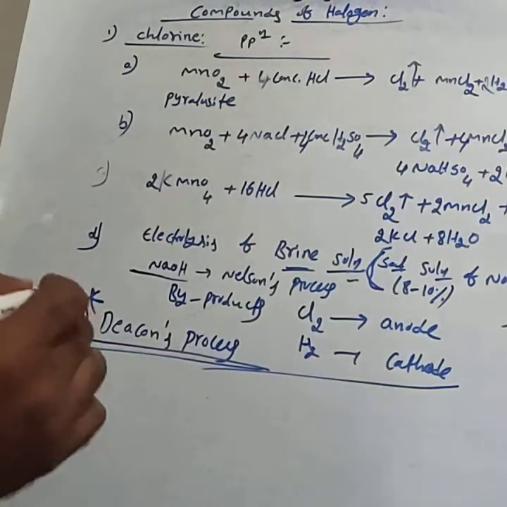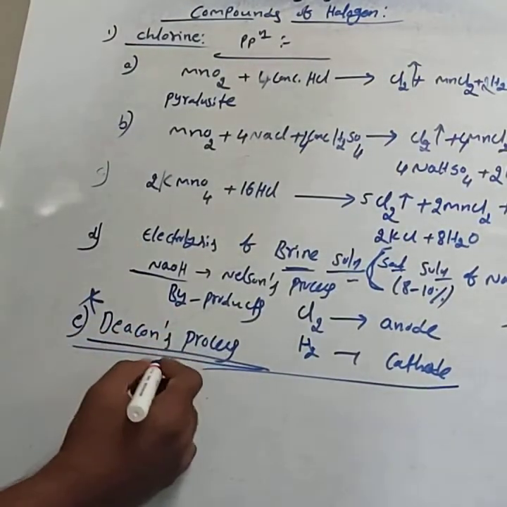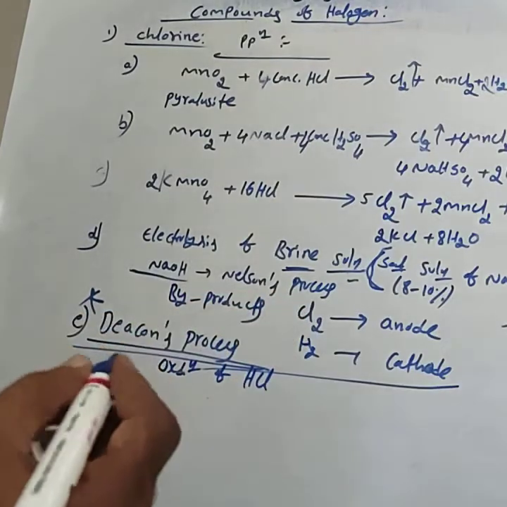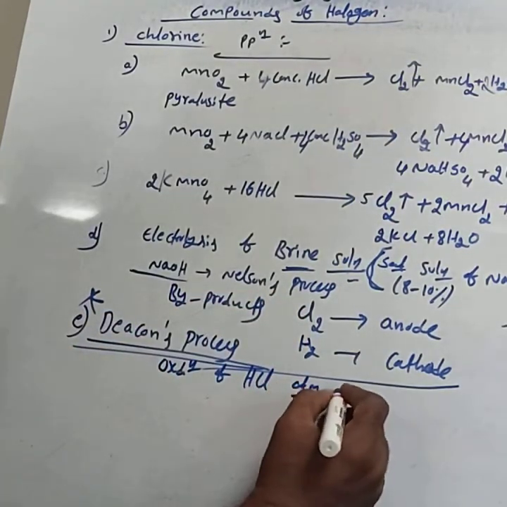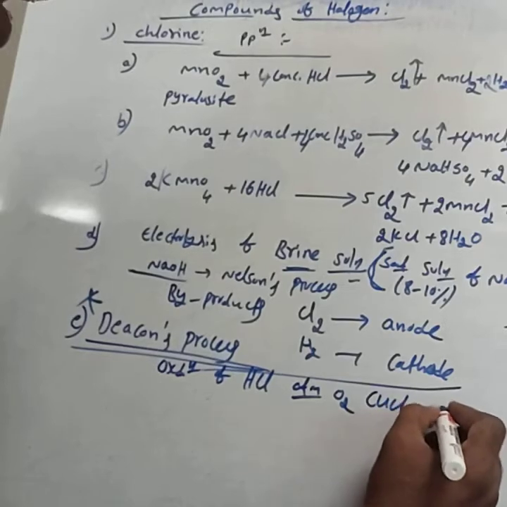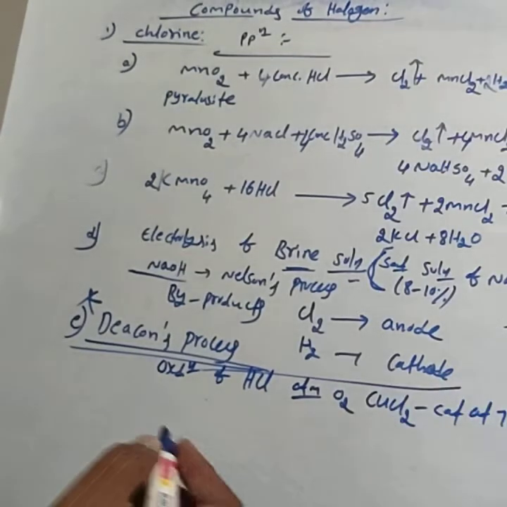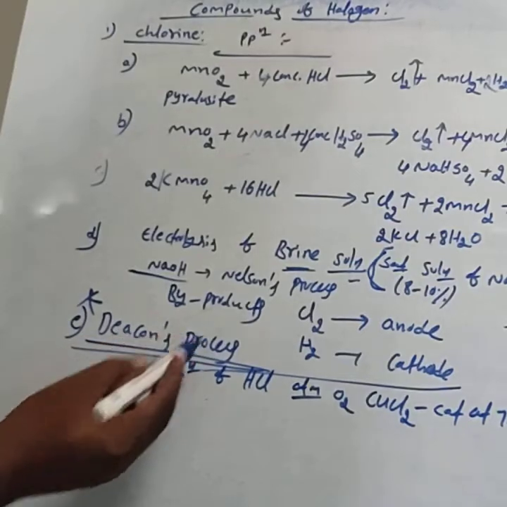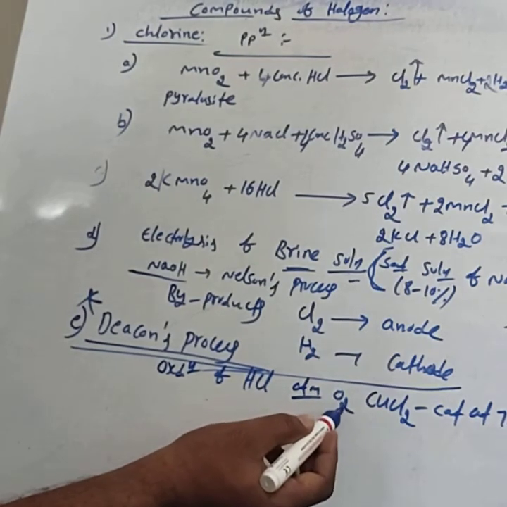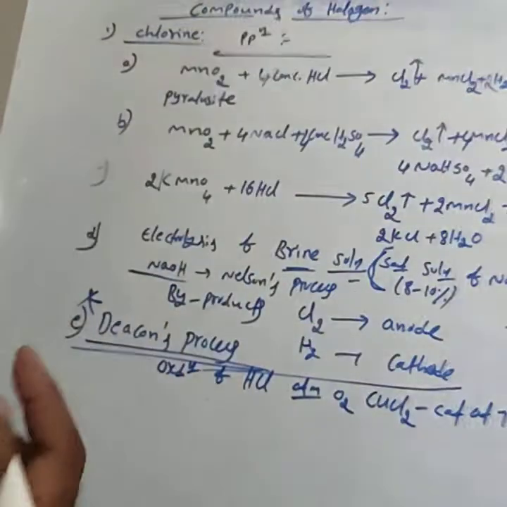They can ask: explain Deacon's process for the manufacture of dichlorine. In Deacon's process, dichlorine is obtained by the oxidation of HCl by atmospheric oxygen in the presence of cupric chloride, CuCl2, as catalyst at 723 Kelvin. This is the principle.